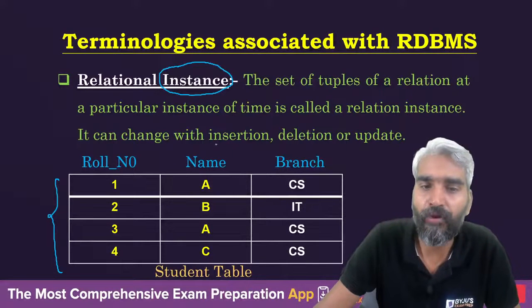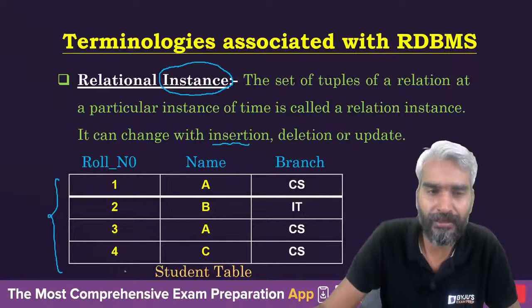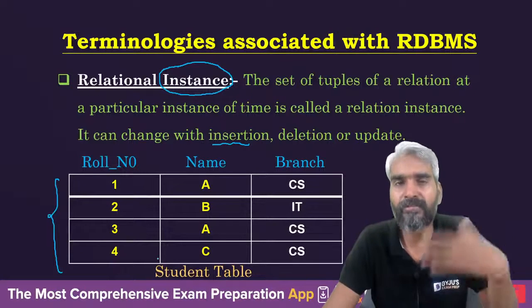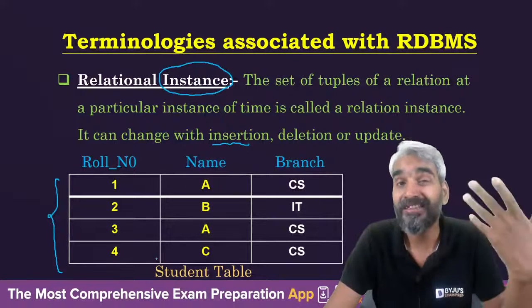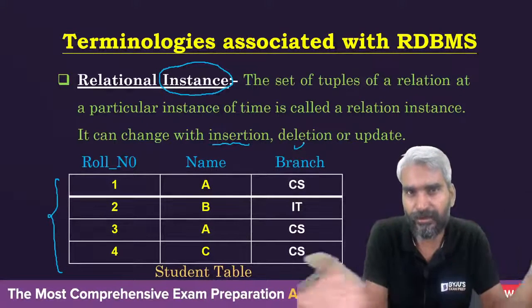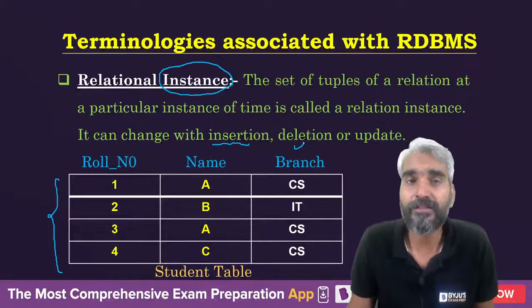If somebody performs an insertion operation, a new item is inserted, so the instance will change and the overall set will change. If you have deleted something, the size of the set will reduce. If you have added something, the size of the set will increase.